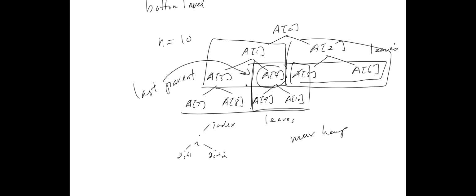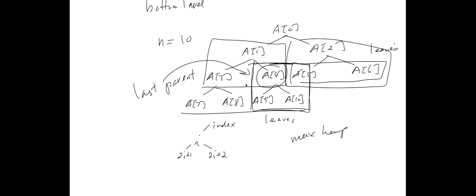What we do is compare the node at the root with its two children and place the largest one at the root. For instance, in this case, we compare A4 with A9 and also A4 with A10, and whichever is largest is going to be placed. So we just swap, right?